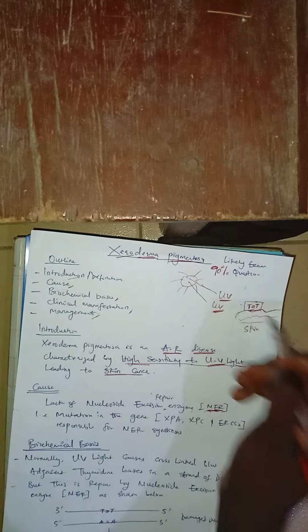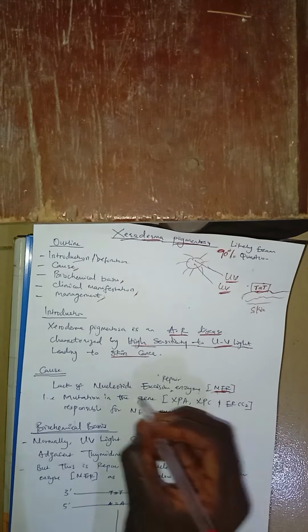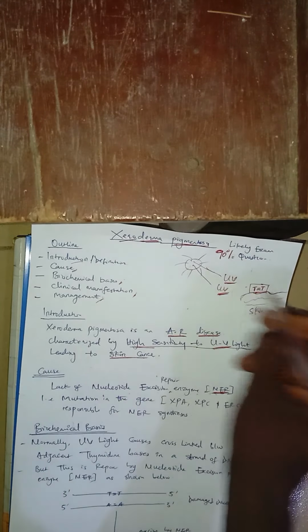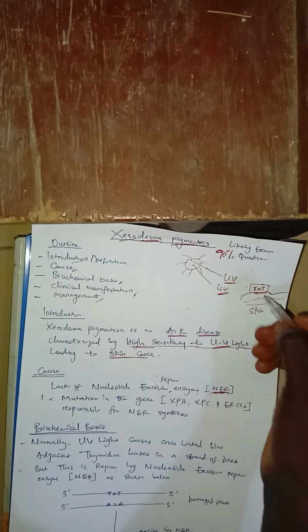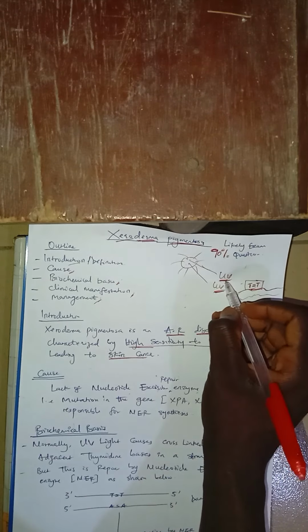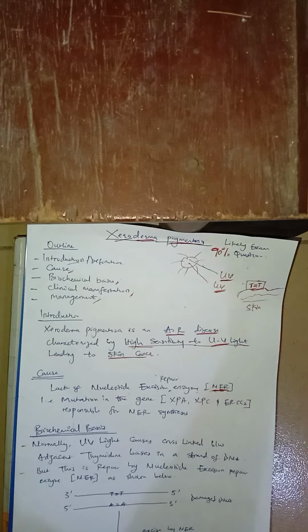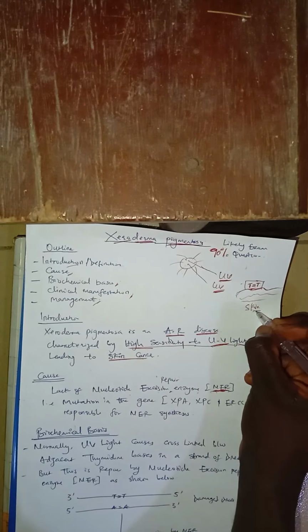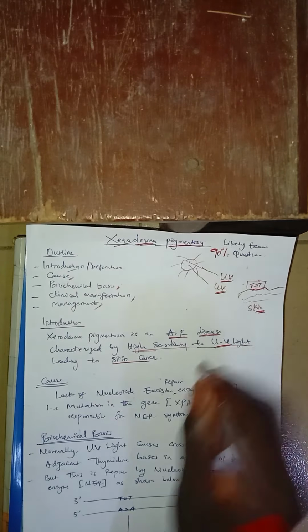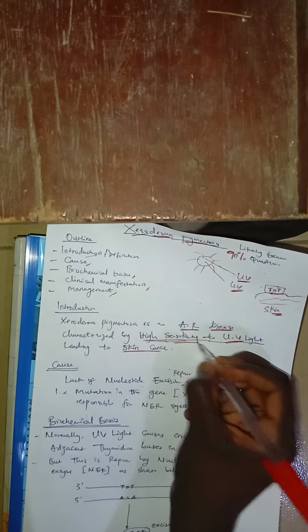I get my point. So normally, once they form this dimer of thymine, the nucleotide excision repair enzyme will repair this mutation caused by the ultraviolet light. However, if this enzyme is defective, then the person is more likely to have skin cancer.